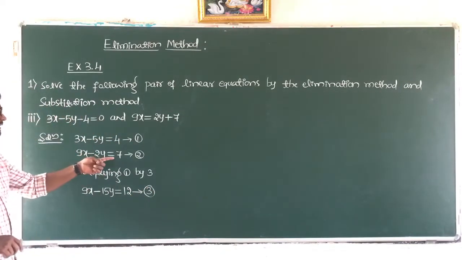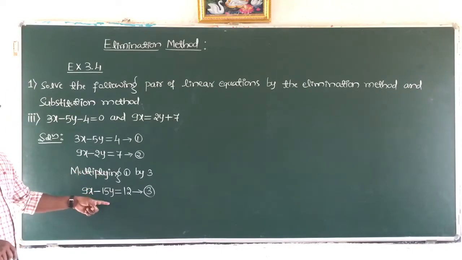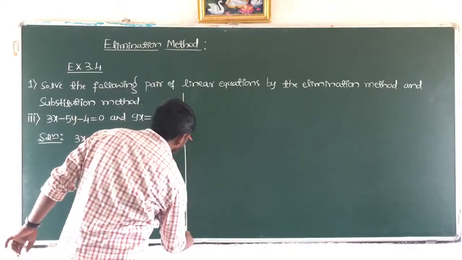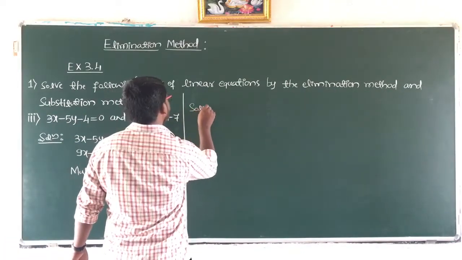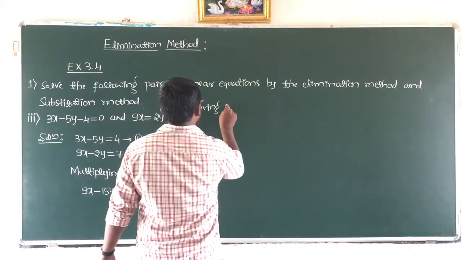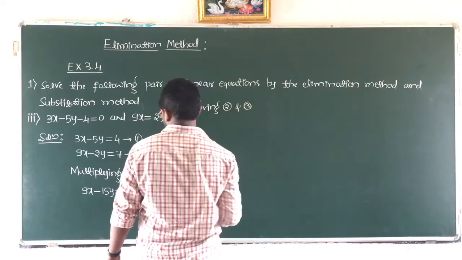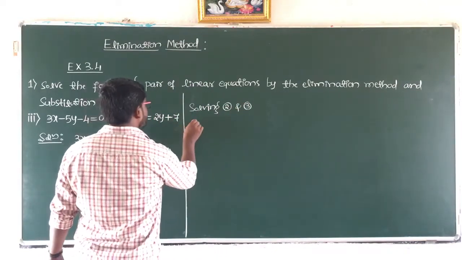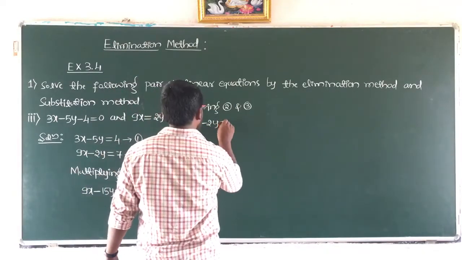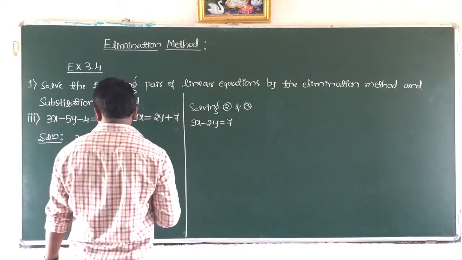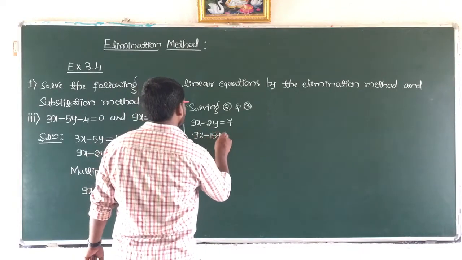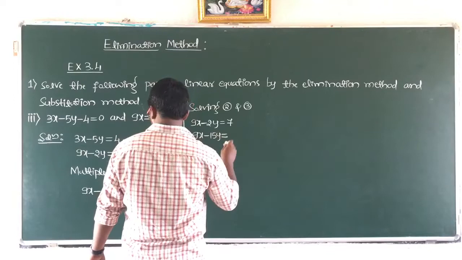We have to solve equation 2 and equation 3 because x is equal. Now we have 9x and 9x. Solving 2 and 3. See here. So 9x minus 2y which is equals to 7, then 9x minus 15y which is equals to 12.